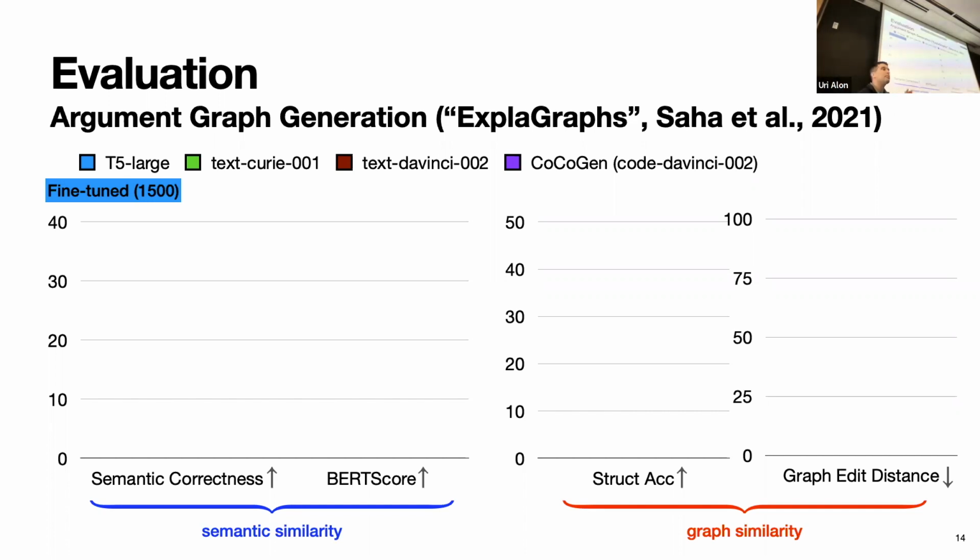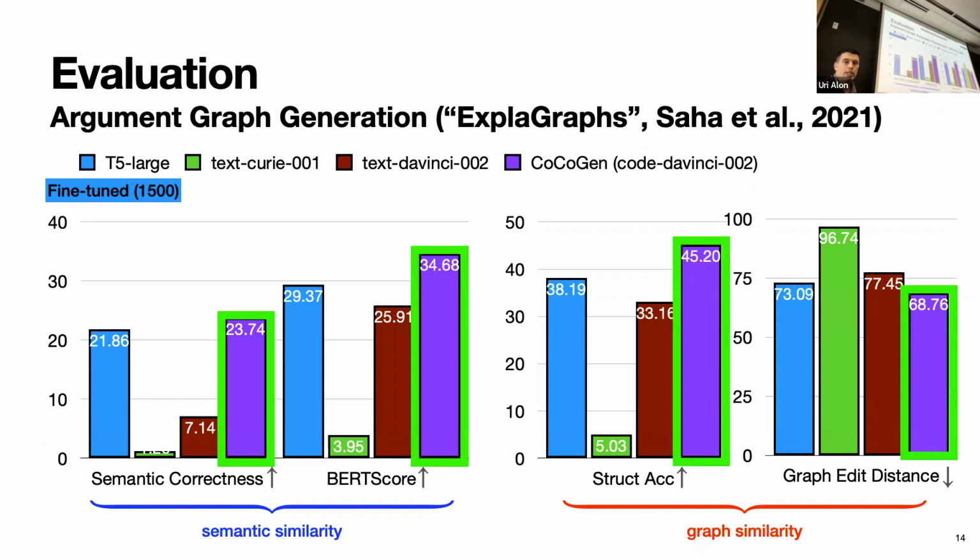Some of them measure the semantic similarity between the generated nodes, the text inside each node, and some of the metrics measure the graph similarity between the generated graph and the ground truth graph. As you can see, our CoCoGen approach performs much better than all the baselines, where the strongest baselines were both Text DaVinci 2, which is GPT-3, and the fine-tuned T5.